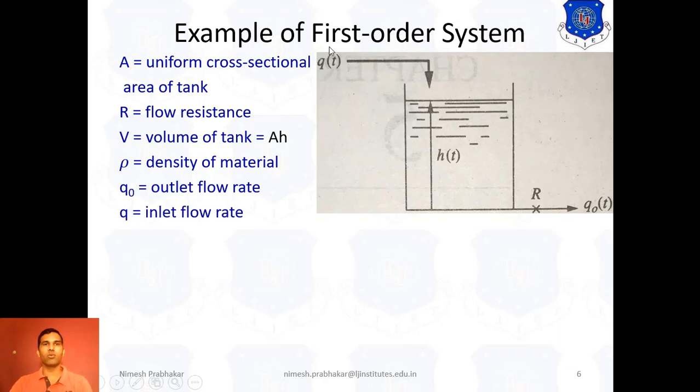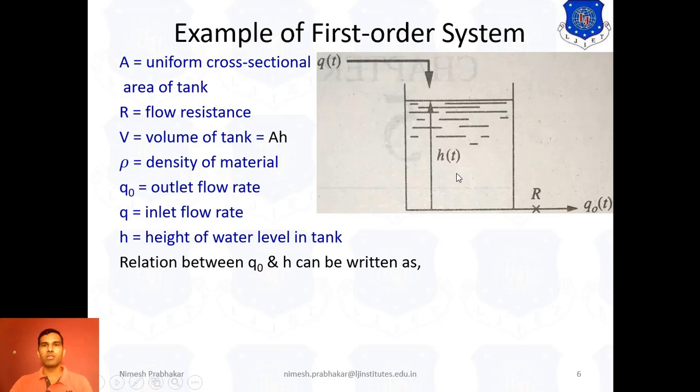Next is Q. This Q represents the inlet flow rate. And H is the height of the water level in the tank. That means H represents the height of water in the tank.